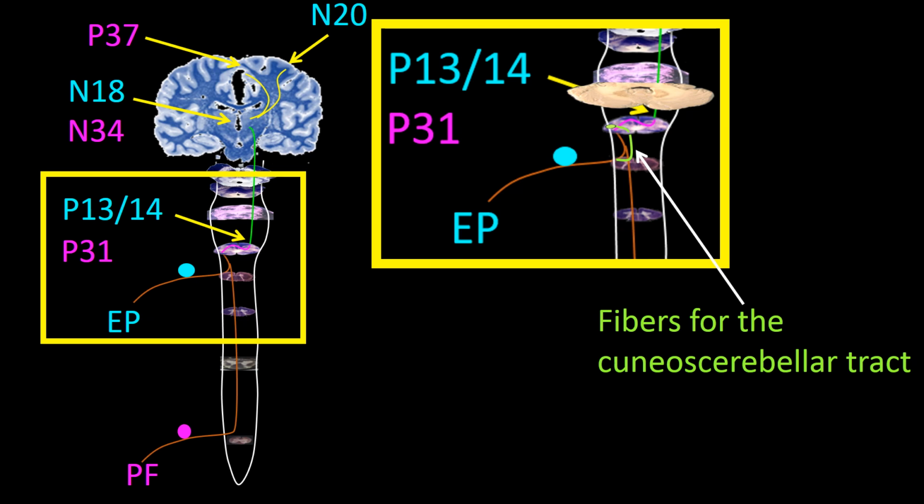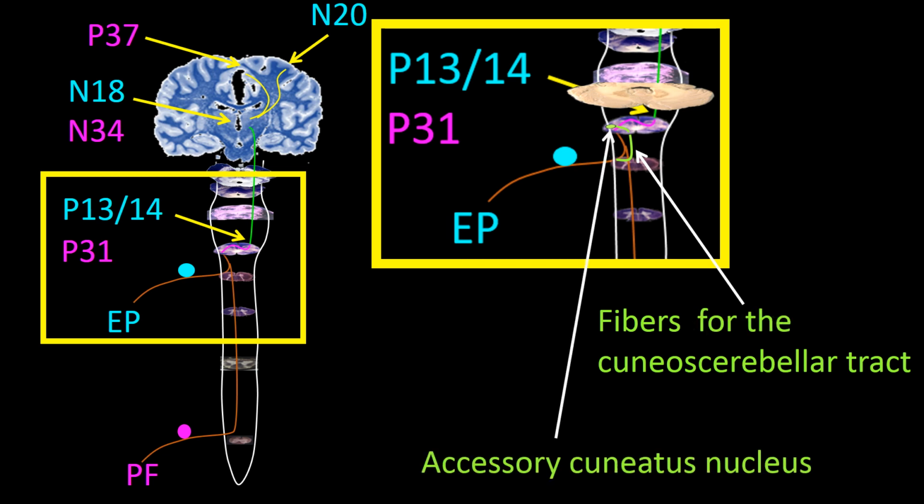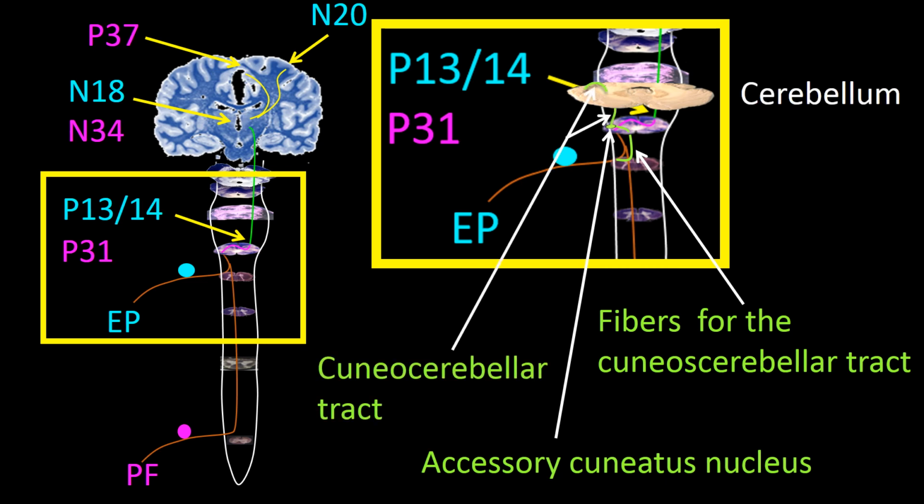In this figure, I have drawn these fibers that carry unconscious proprioception signals, going from the dorsal ganglia to join the posterior column, then to reach the accessory cuneatus nucleus. It is the axons of the neurons in the accessory cuneatus nucleus that form the cuneocerebellar tract.